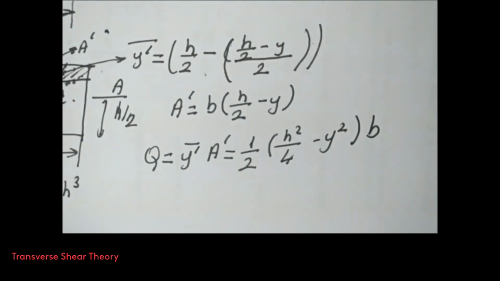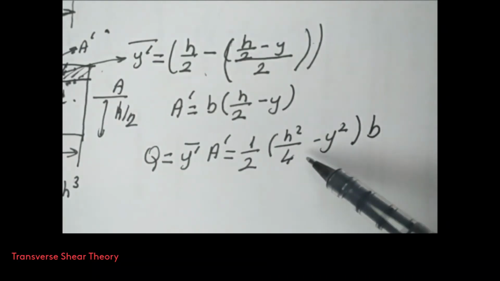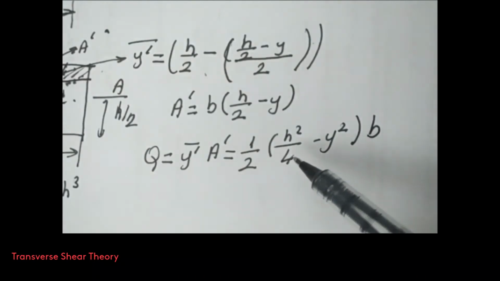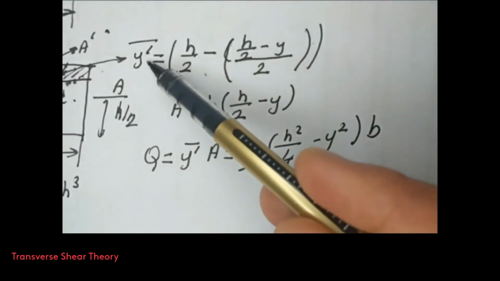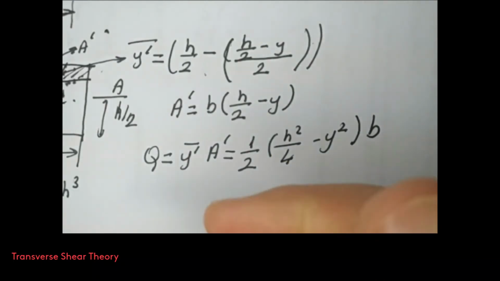Again, 1 over 2 times h square divided by 4 minus y square, multiplied by B. So this is the multiplication of y prime bar by A prime. Now we can write the stress.